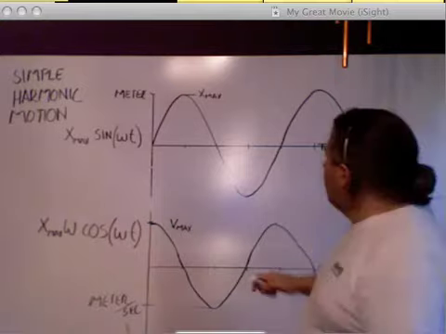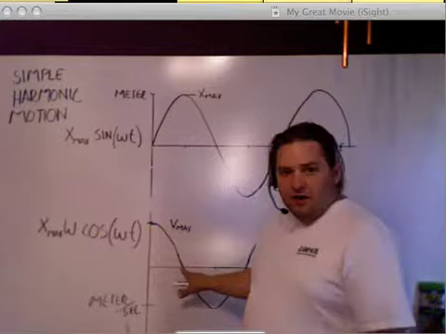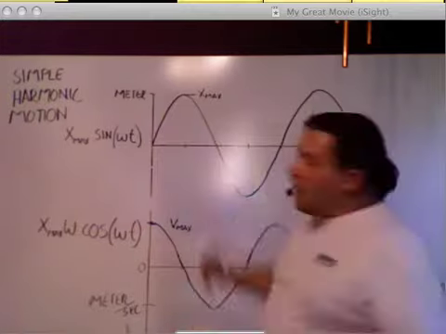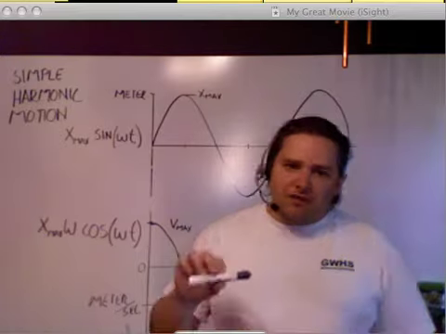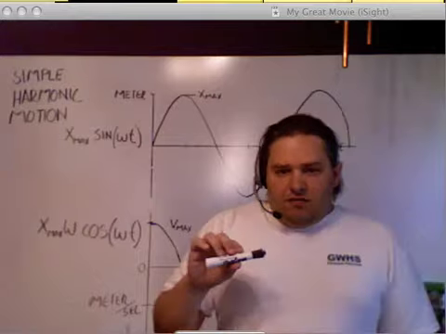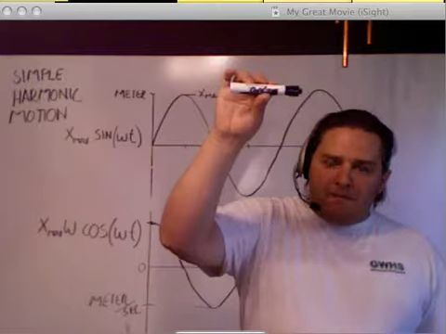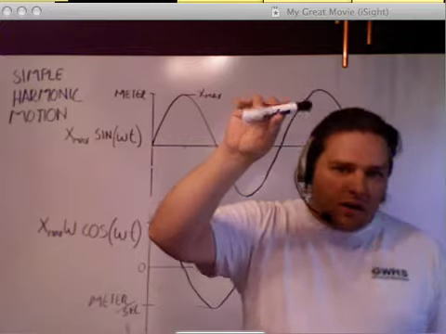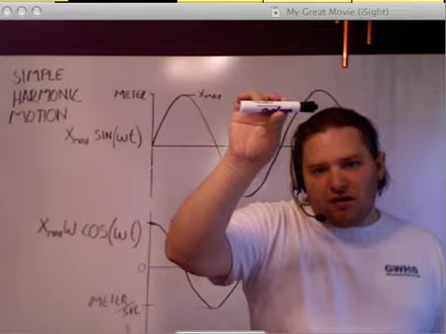Now, where is the velocity equal to 0? If I trace it out here, here's my next one. Boom. My velocity is equal to 0 here when my position is at its maximum. And that should make sense. Velocity is change in position over time. So when the velocity is equal to 0, it reaches the top of its motion, and for a brief second, nano, pico, whatever you want to say, at that point the velocity is equal to 0.